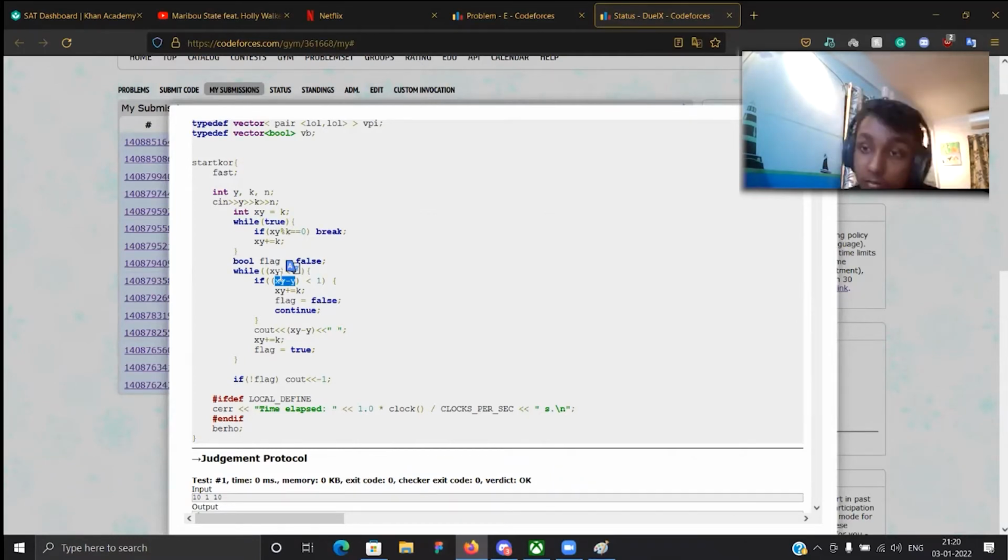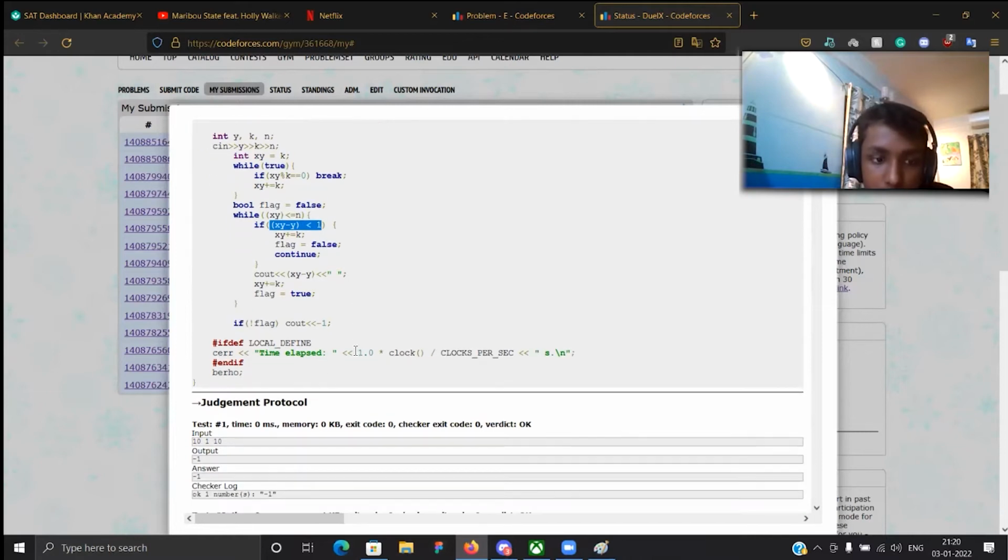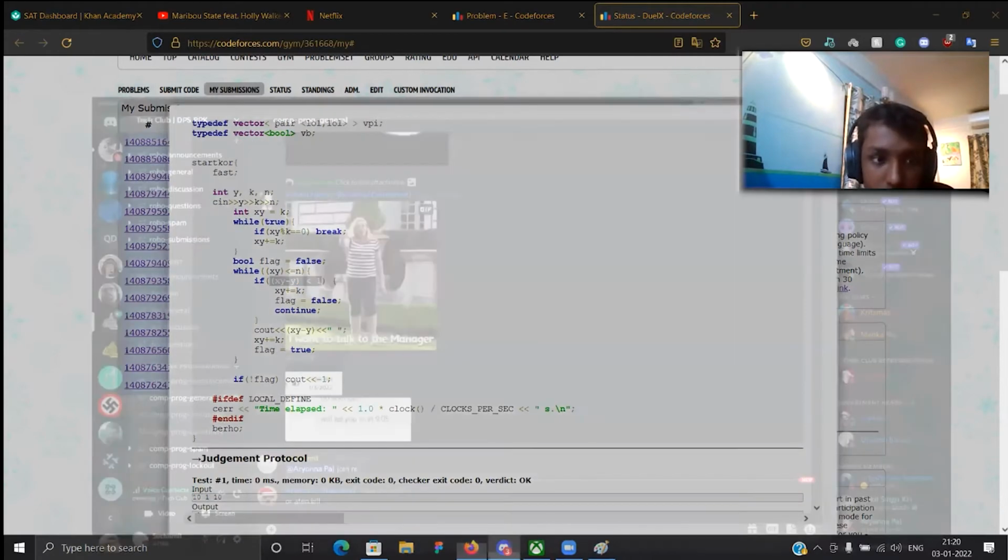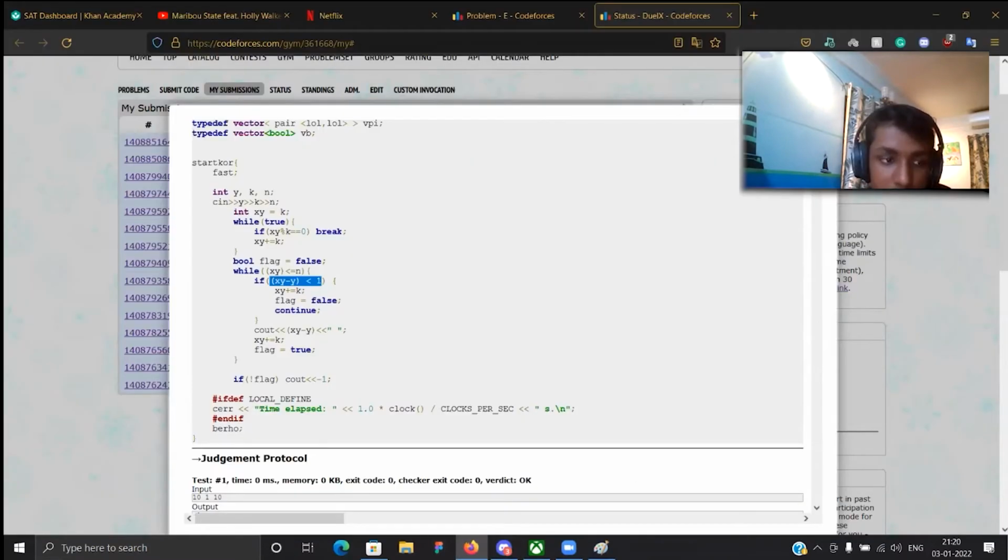Can anybody tell me why I'm doing this? Why I'm checking if the x plus y value is lesser than y or not? Chat, anyone? Okay, let's do something. Did you understand what the basic logic behind the program is?